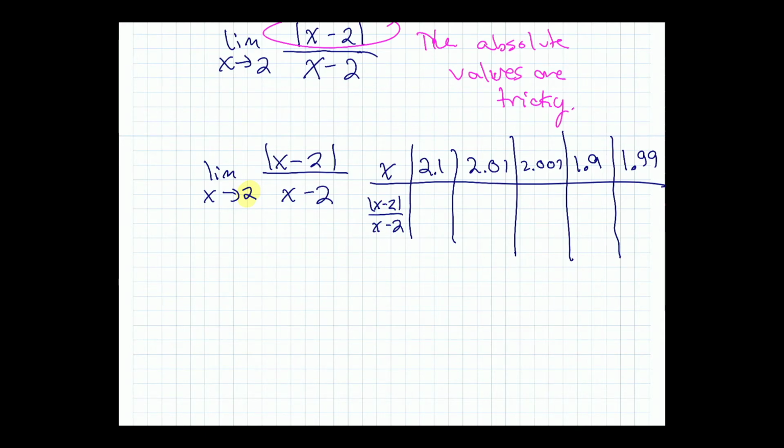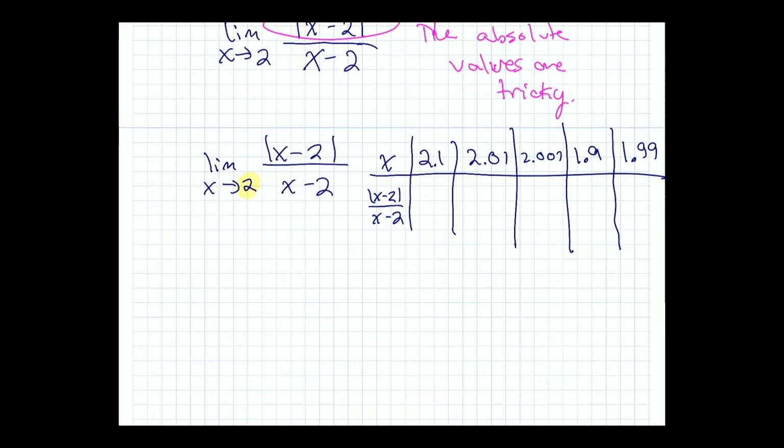And now what we need to do is calculate this thing for all of those x values. Okay, so you get out a calculator and you calculate them. So let's do the first one. For the first one, you're going to plug in 2.1 into that fraction. So you're going to get absolute value 2.1 minus 2 over 2.1 minus 2.